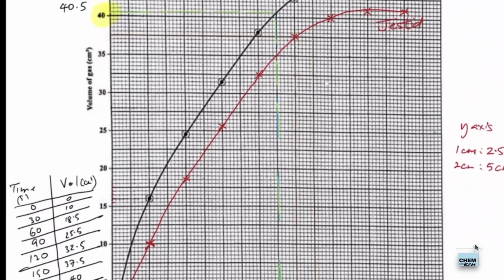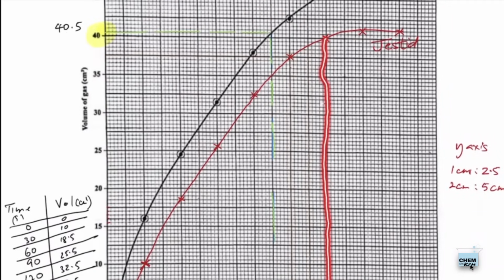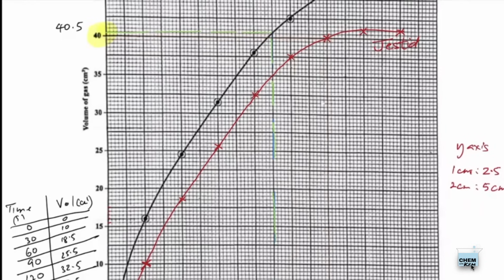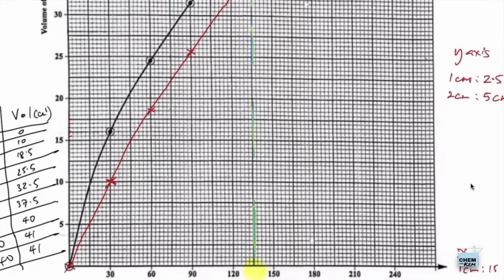At 180, this is our 180 line. We're going to plot there 40. 40 is the thick one right here, so it comes right across. Put our point there. At 210, 41. So this is our 41 line coming across, and 210 is here. So we plot right there, and at 240, we're still producing 41.